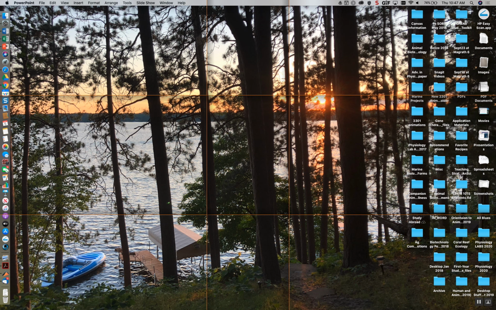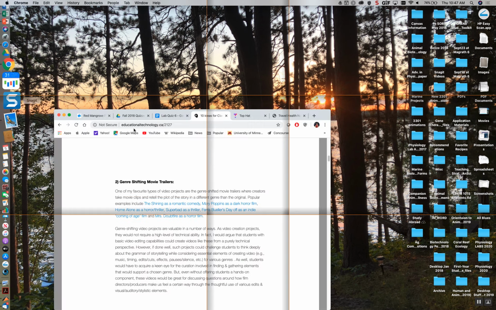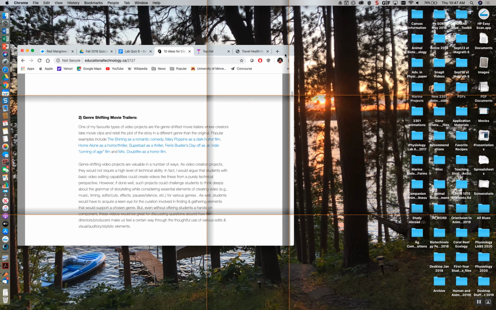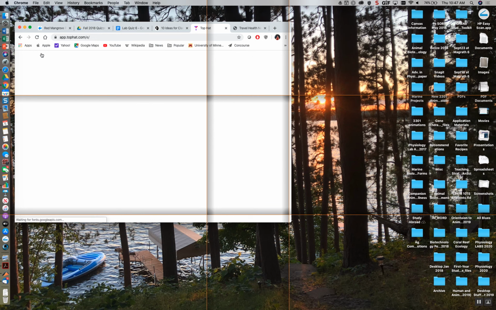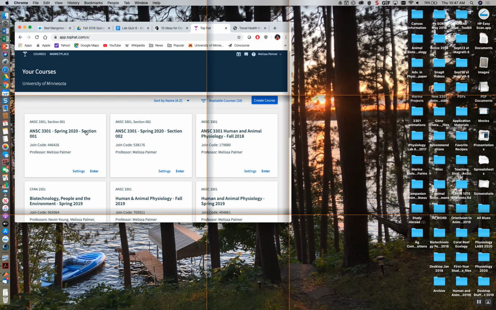What I want to do now is, if you wouldn't mind getting your Top Hat devices out, let's go ahead and start with a Top Hat question with some of the material that we just covered. I've got to switch over to section 2.